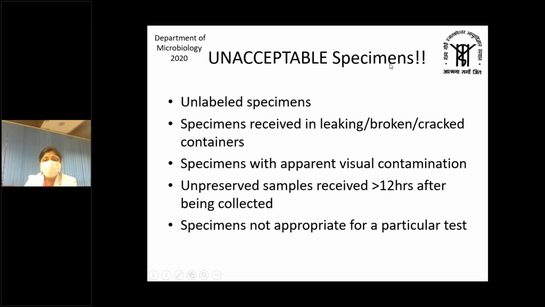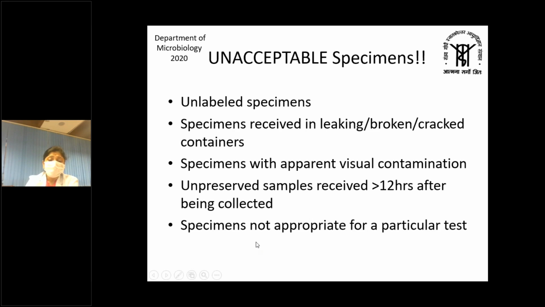Now, what are unacceptable specimens? Unacceptable specimens are those that are unlabeled, or multiple forms with one sample, where the samples are different. Specimens received in leaking, broken or cracked containers, those with apparent visual contamination, those that have been left for a long time and are being sent after a lot of delay, unpreserved samples received more than 12 hours after collection, and inappropriate samples.